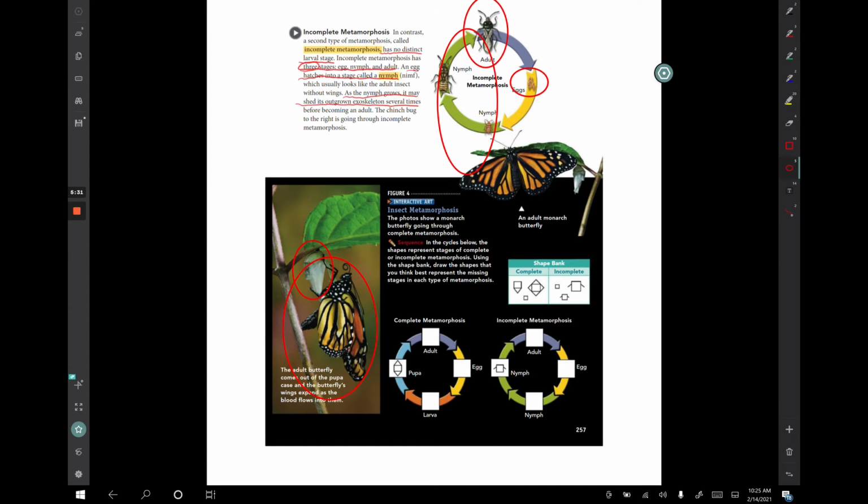So this is what we call incomplete metamorphosis. So in complete metamorphosis, we had 4 stages: egg, larva, pupa, and adult. And in incomplete metamorphosis, you have 3 stages: egg, nymph, adult, even though the nymph does change during the course of being a nymph.